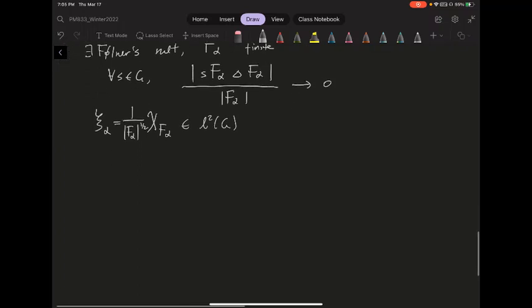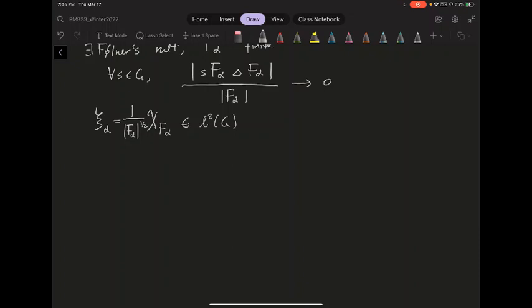Now, if you consider the left translation of these psi alpha, let's say lambda s psi alpha minus psi alpha, what it does is essentially just evaluate its two norm. Let's take the square.